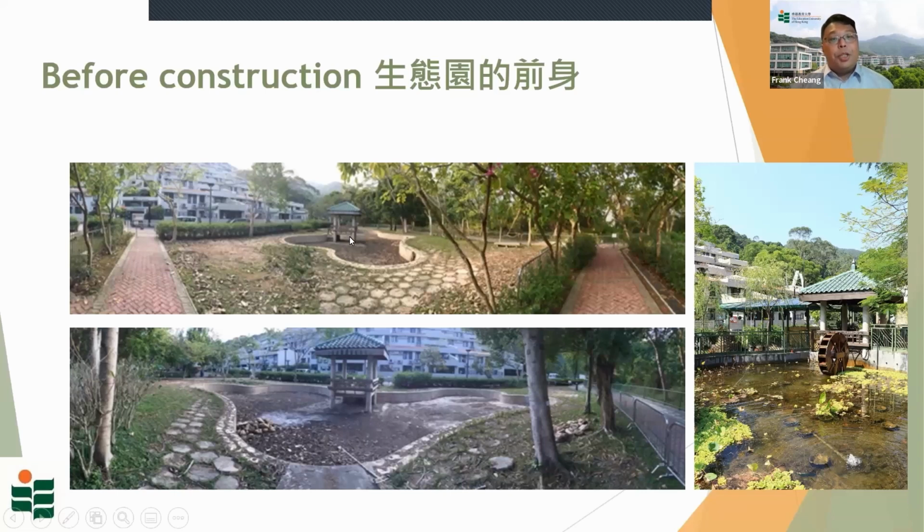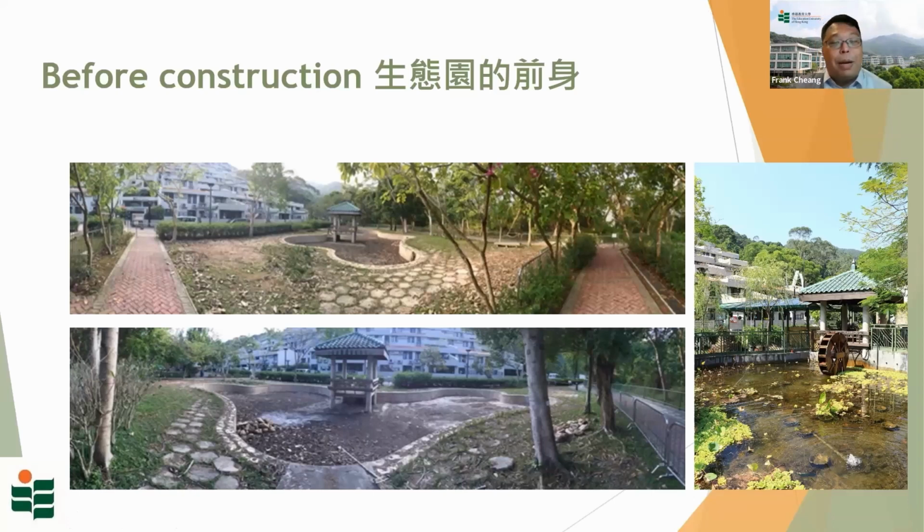As you can imagine, this area may not always be filled with water, and so as you can see, it was somehow like an abandoned garden in the past. So we took the initiative, hoping to transform it into an eco garden, which can help us conserve biodiversity, as well as serve as an educational or pedagogical tool.